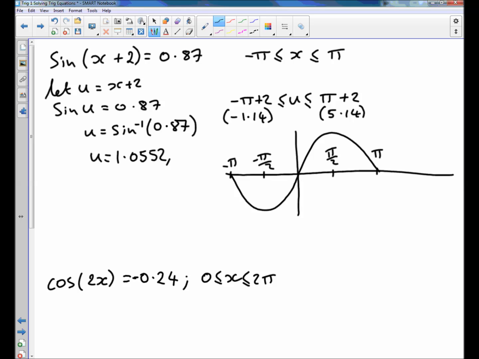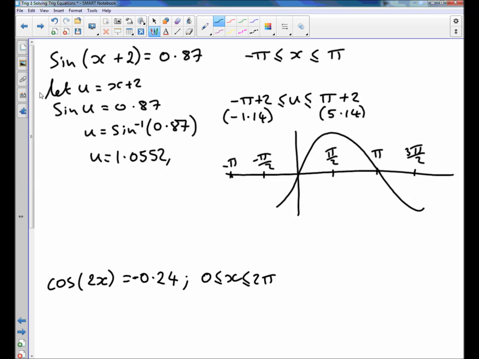But I don't want that. I want it between minus pi plus 2 and pi plus 2. So that's going to take me a little bit beyond 3 pi over 2. And I need to get rid of a bit of that.